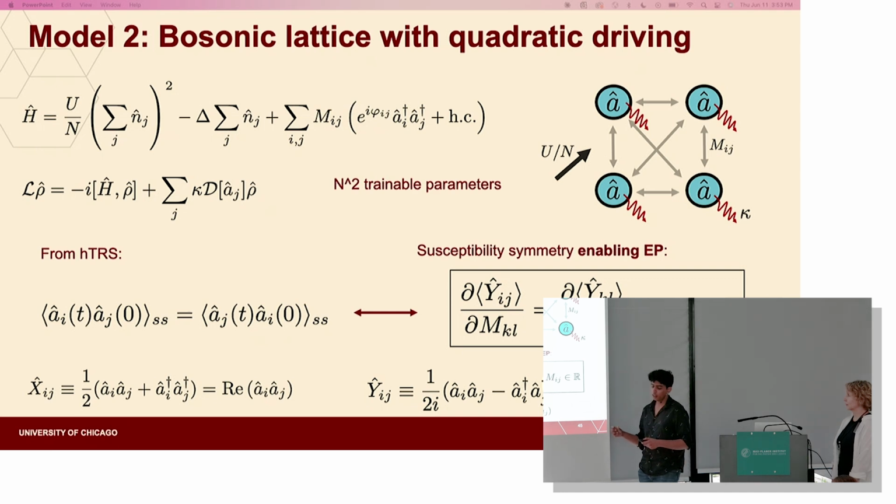When the dissipation is 0, the Hamiltonian is real, and so sigma y is always 0 by complex conjugation symmetry. When you have dissipation, the size of that signal is set by the scale of the dissipation. So as long as you can tune the dissipation, you can tune the size of the signal.